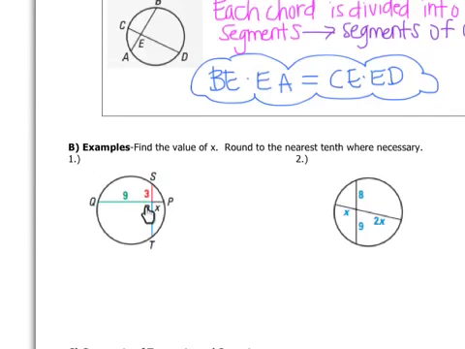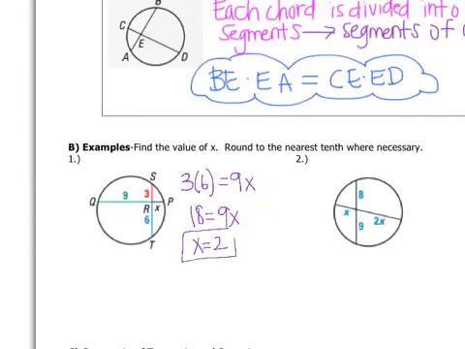We have one length of one segment in chord QP. So we'll take the product of the two parts of one chord, 3 times 6, set that equal to the product of the two parts of the other chord. So this is 18 equals 9x. So that length of RP is 2.